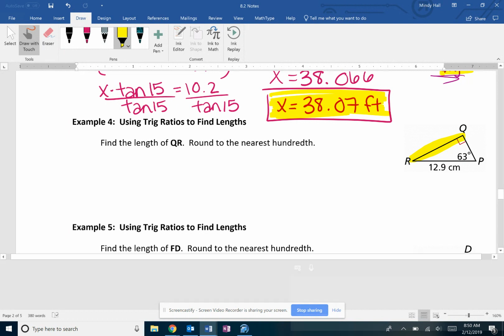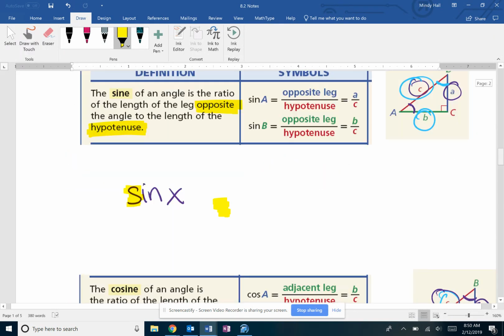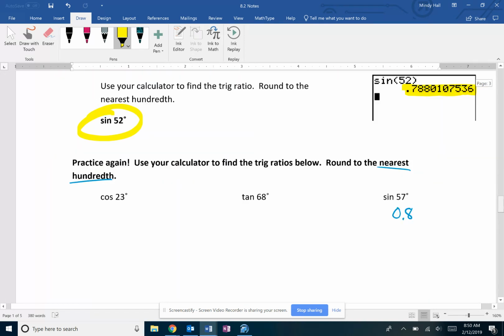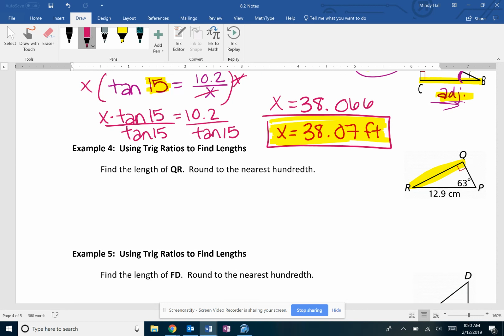QR, there we go. And we are going to round to the nearest hundredth again. So we are given this 63 degrees. Again, it's really easy if you just go through and label. My hypotenuse is actually this 12.9 because it's opposite of the 90 degrees.